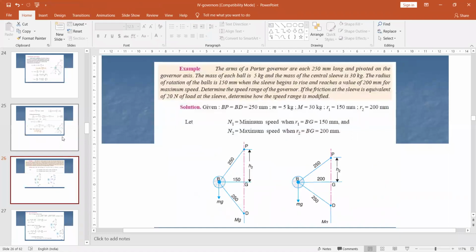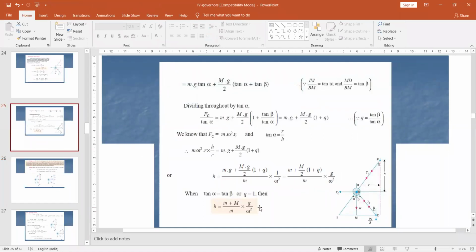Or here you may also write that g by omega square is replaced with 895 by h, similarly capital N square equals small m plus capital M by 2 into 1 plus q by small m into 895 by h.